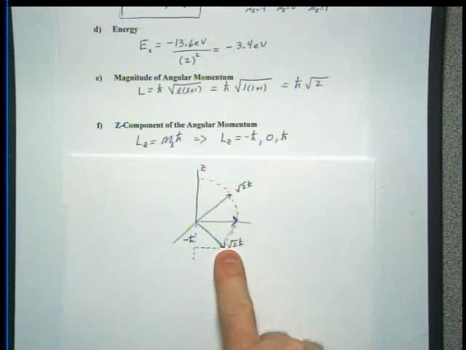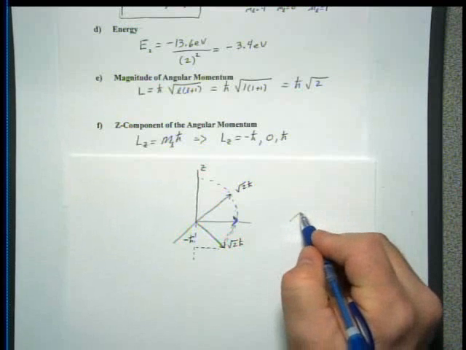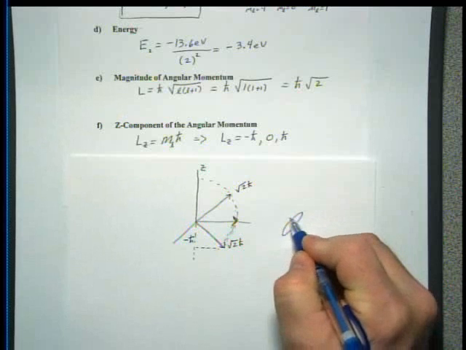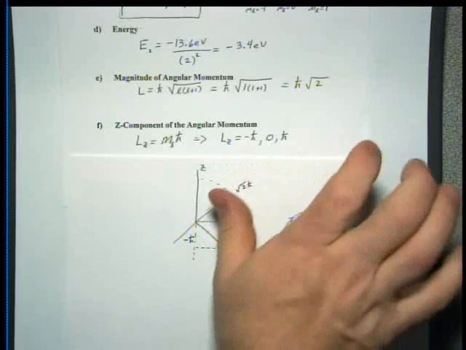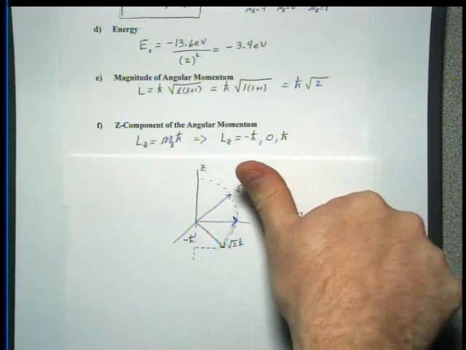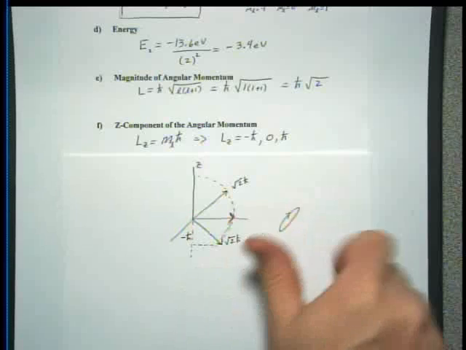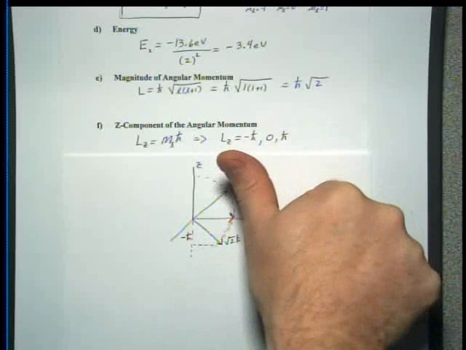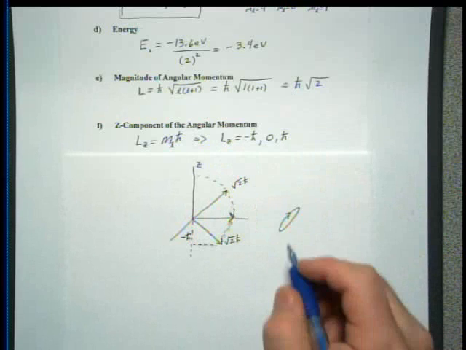How can you get something like that? You remember the right-hand rule? If you have something that goes around like that, you wrap your fingers around it, your thumb points in the direction of the angular momentum. So if it's doing that, it's like this. But you can tilt that in all sorts of different ways.